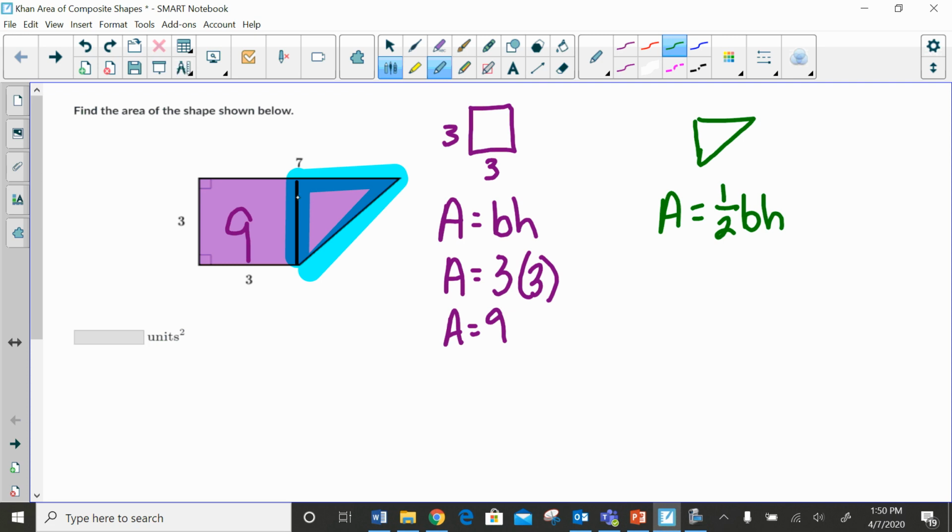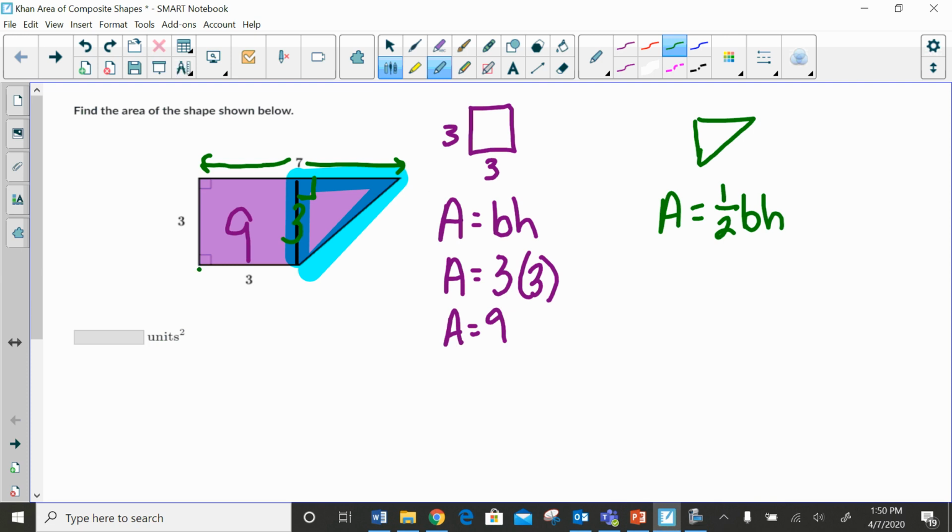This side right here is congruent to this piece of the triangle, so I'm going to put a 3 on this line. Now, I don't care about the hypotenuse. I'm looking for the part that forms the 90-degree angle, and there it is. This 7 tells me that it goes the entire length of this side of the quadrilateral. That whole thing is 7.